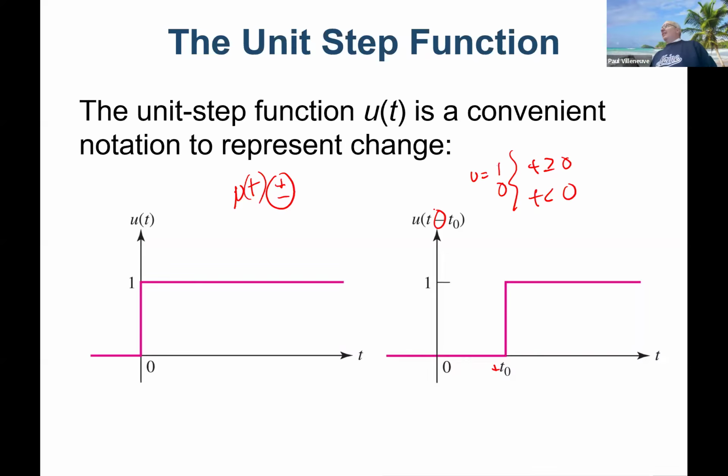What helps me evaluate it is whenever this argument is 0 or greater, then that's going to evaluate to an actual function. Whenever it is less than 0, then this is actually going to be 0, right? The output's 0.